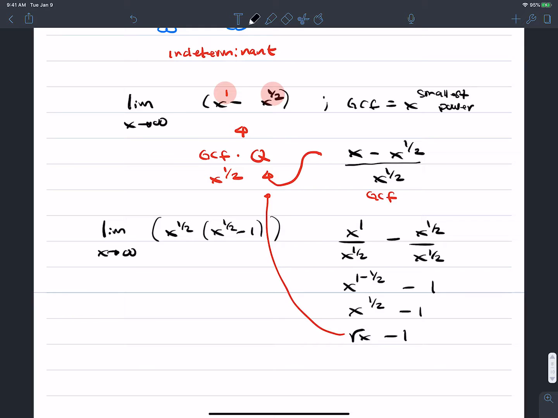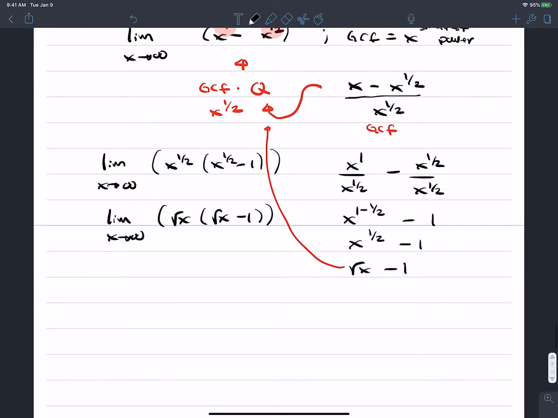And that's how you factor it. So our limit question is going to be the square root of x times the square root of x minus 1 here. So now you can actually find your answer.